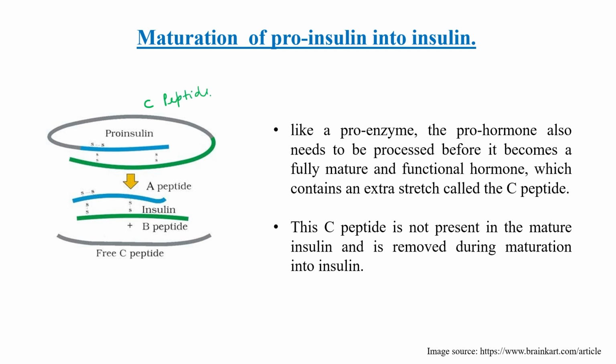Okay, so during the maturation process, the removal of the free C peptide has to occur. Like a proenzyme, this prohormone, which we can call proinsulin, also needs to be processed before it becomes the fully functional, fully mature form.